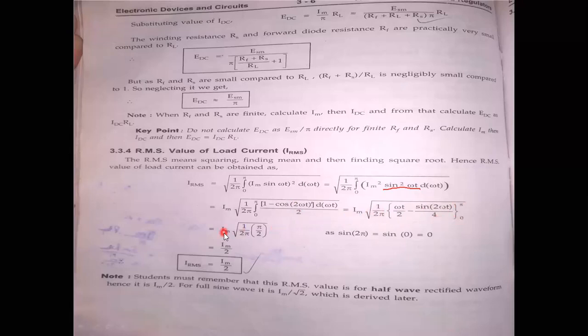Therefore, Im root 1 by 2 pi. If you substitute these values, upper limit minus lower limit. Upper limit: pi by 2, and sin 2 pi is 0. Lower limit: 0, sin 0 is 0. Okay, we get only pi by 2. So pi gets cancelled, giving 1 by 4.